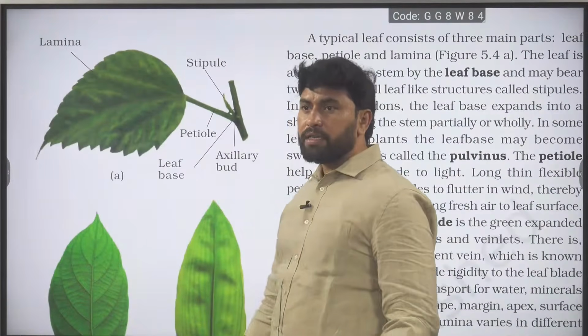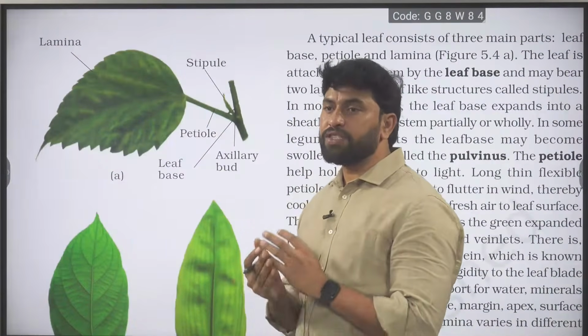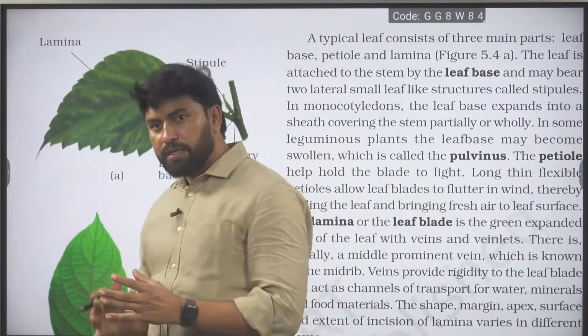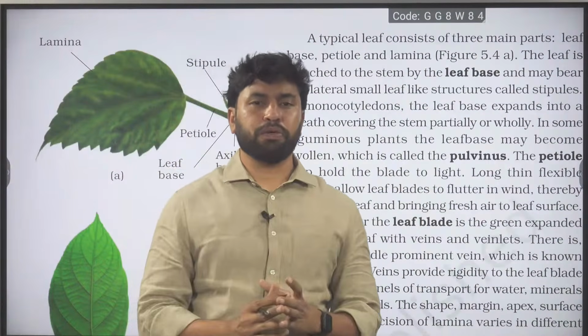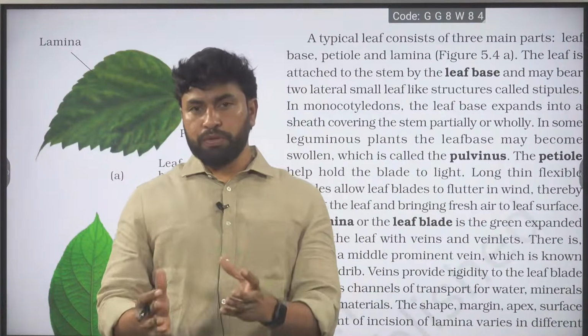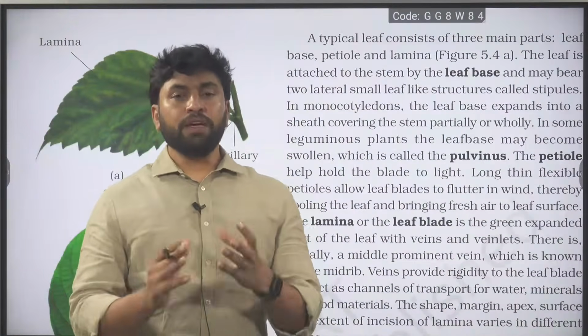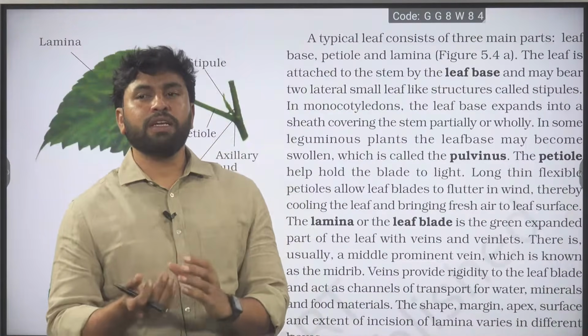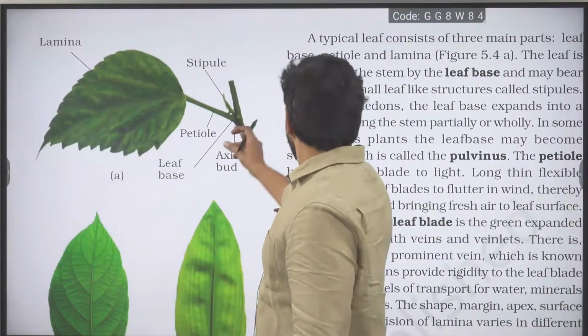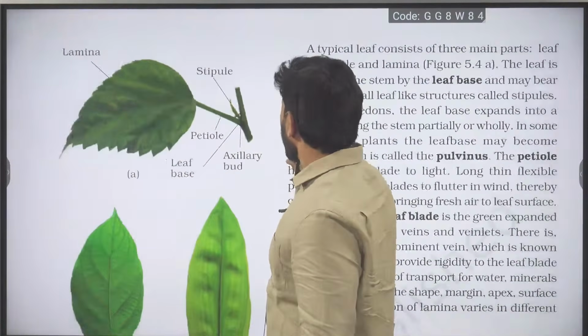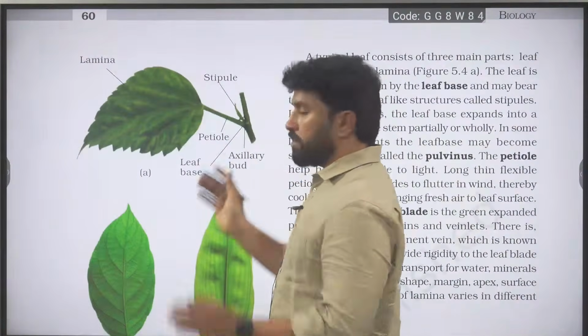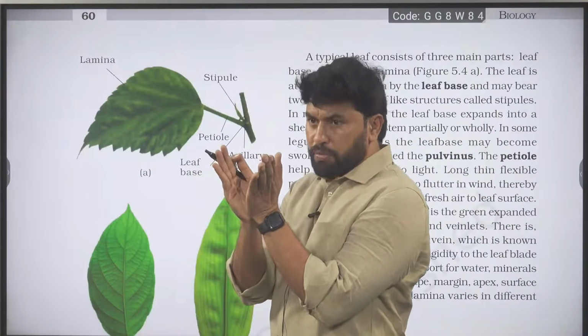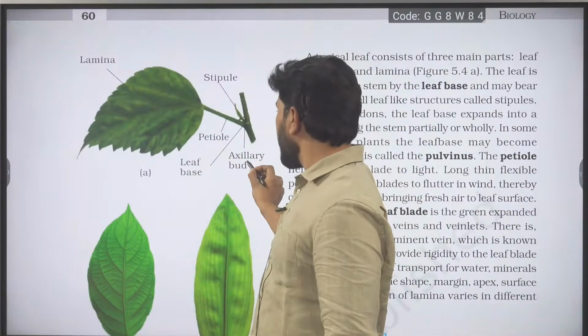These leaf-like extensions are called stipules. It doesn't mean that every leaf will have stipules. If a leaf has stipules, it is stipulated. If a leaf doesn't have stipules, generally it is called a non-stipulated leaf. Next one, in the axil between the two stipules, there is an axillary bud.